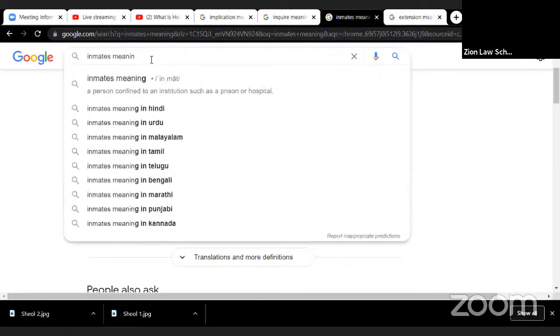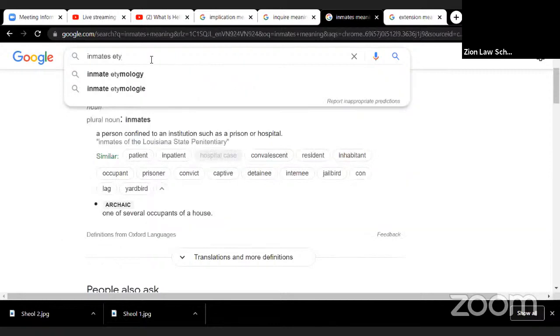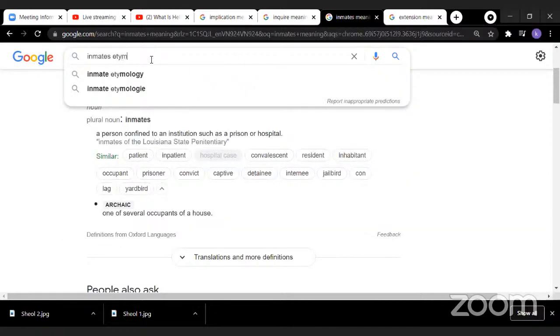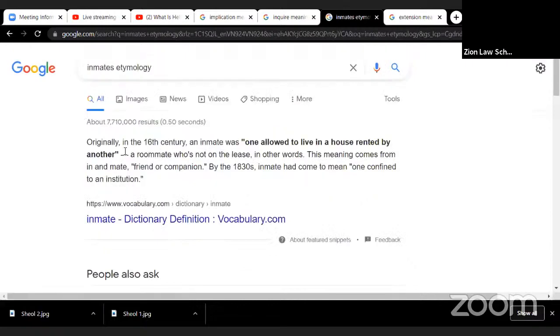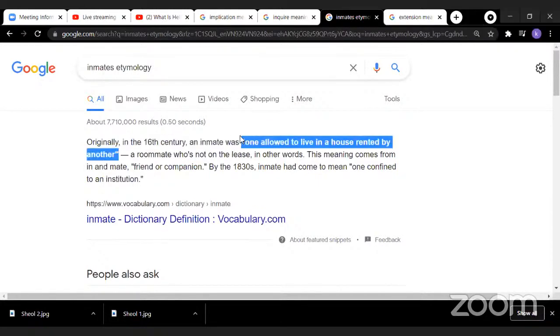I would assume, let's look at something real quick. Anybody have any thoughts? It's been changed. Let's see, the etymology of inmate. Originally in the 16th century, an inmate was one allowed to live in a house rented by another. Ain't that nothing? Think about this in terms of your mortgage.